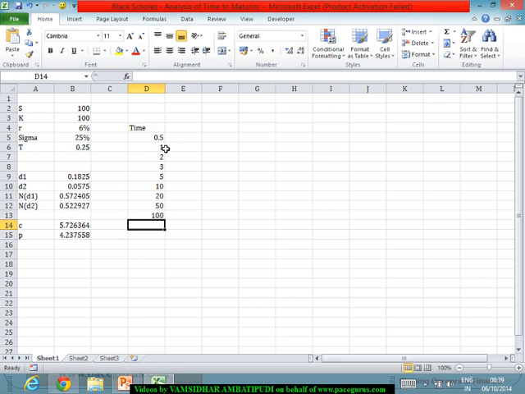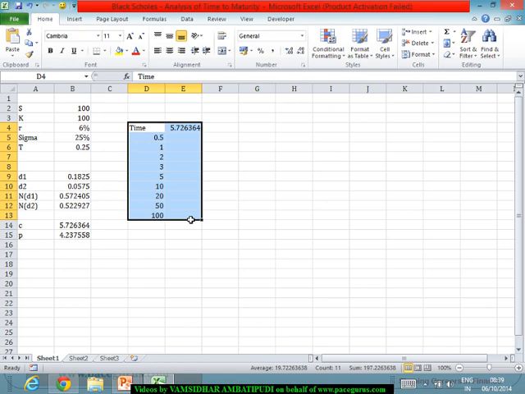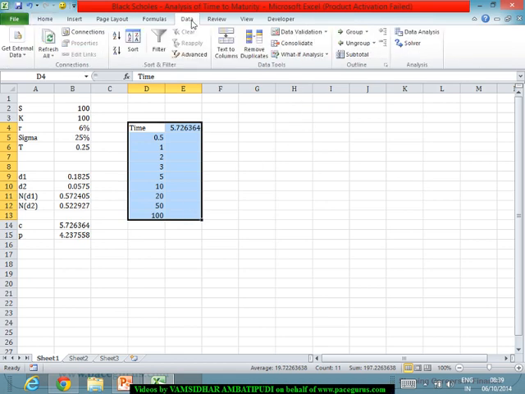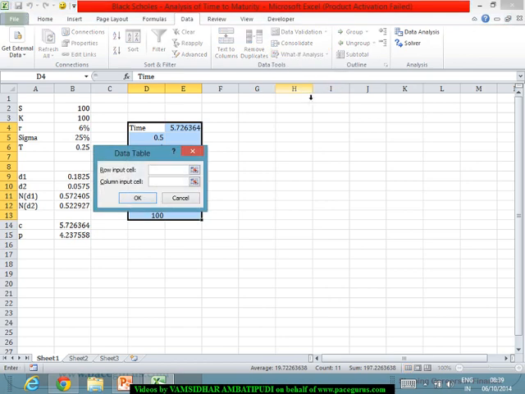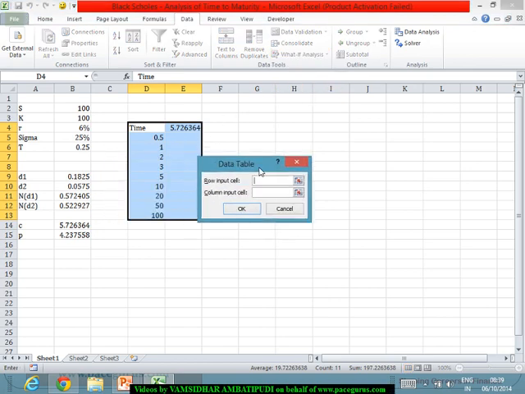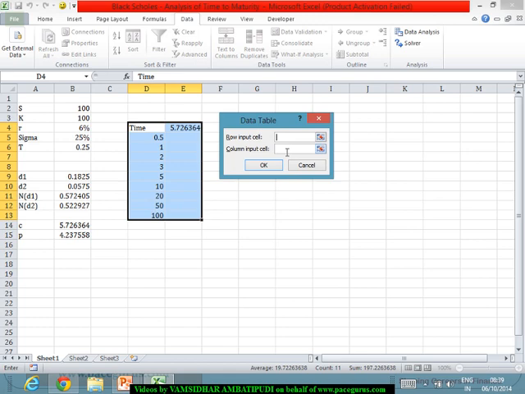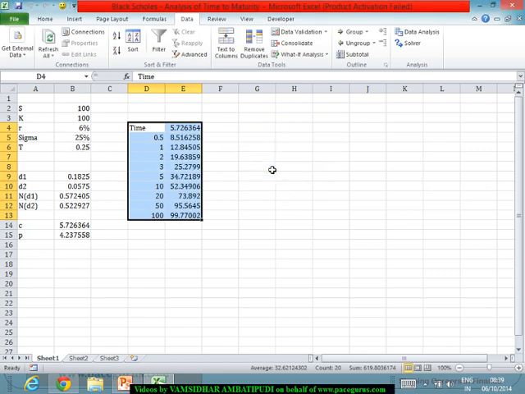If these are the possibilities of time to maturity, I want to find out the price of the call option in all these cases. So I'll use a simple what-if analysis called a data table and check what the price of the call is.